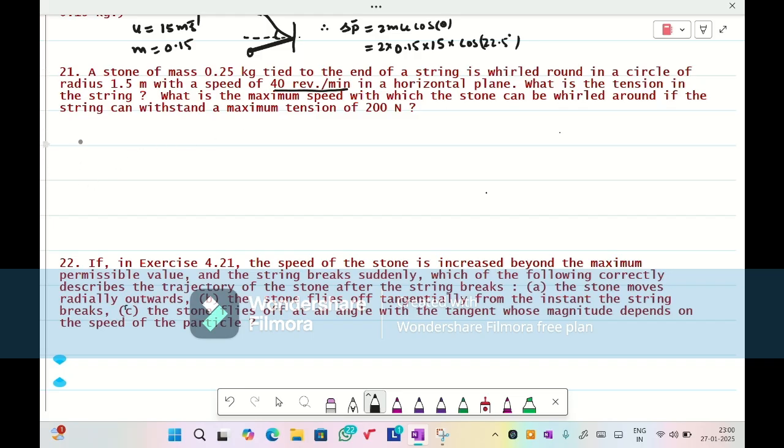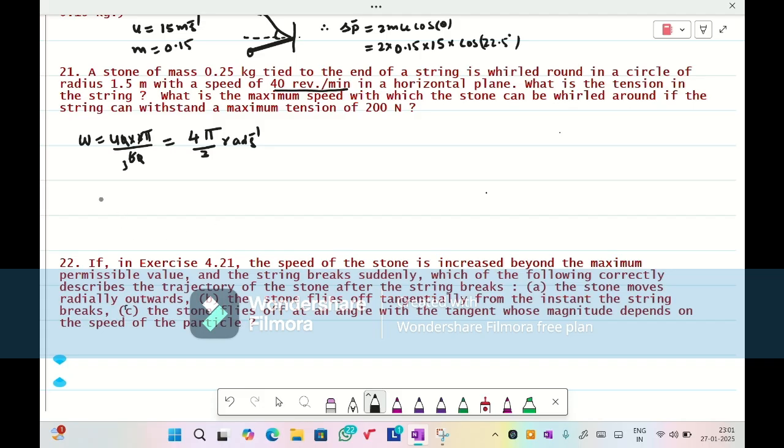So now omega is given. Omega is equal to 40 into 2 pi, one revolution has 2 pi radians, by 60 seconds. So this is equal to 4 pi by 3 radian per second.